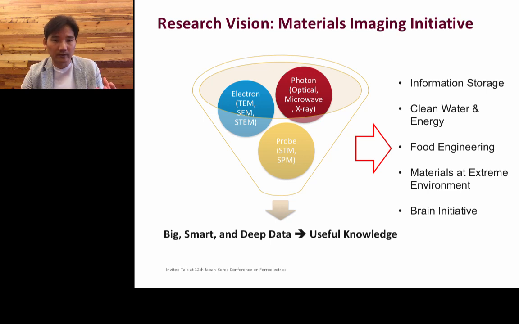We will gather all the information from TEM, SEM, STM, optical, microwave, X-ray, SPM, all the visualizing tools together, use a big, smart, and deep data approach to extract useful knowledge and apply it to information storage, clean water and energy, food engineering, materials at extreme environments, and the BRAIN Initiative, to name a few, to make a huge impact in the future.